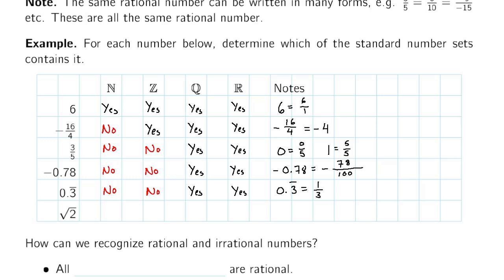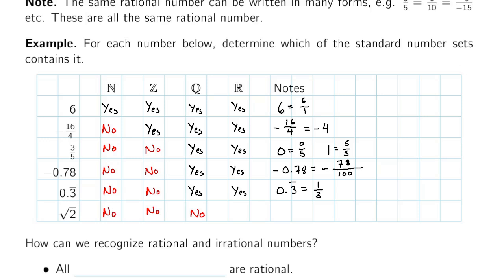Okay, what about the square root of 2? It turns out that there is actually no way that we can write the square root of 2 as a fraction. We'll see why in a little while. So the square root of 2 is not rational, it's not an integer, it's not a natural number.